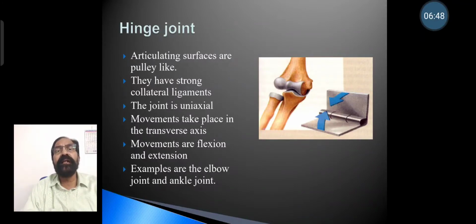Articulating surfaces are pulley-like, and they have strong collateral ligaments. The joint is uniaxial. Movements take place in the transverse axis. Movements are flexion and extension. Examples of hinge joint are the elbow joint and ankle joint.